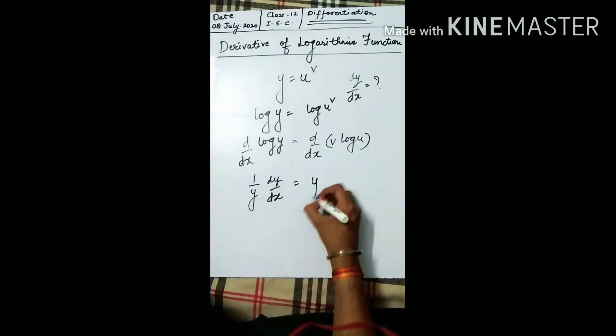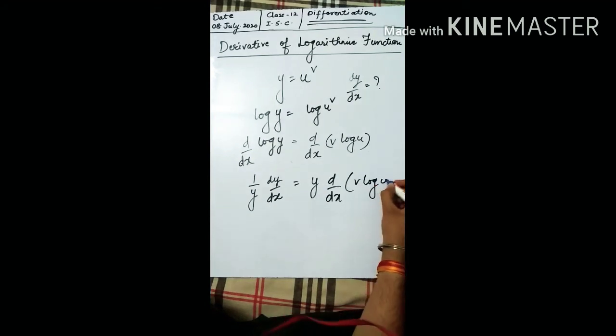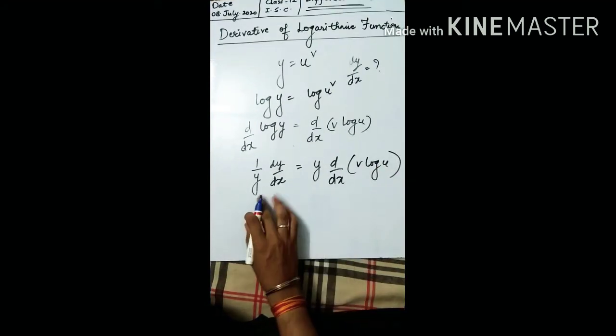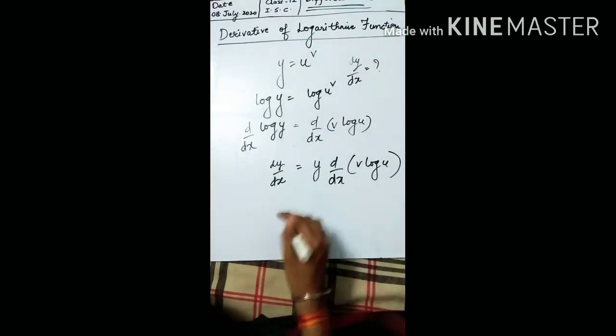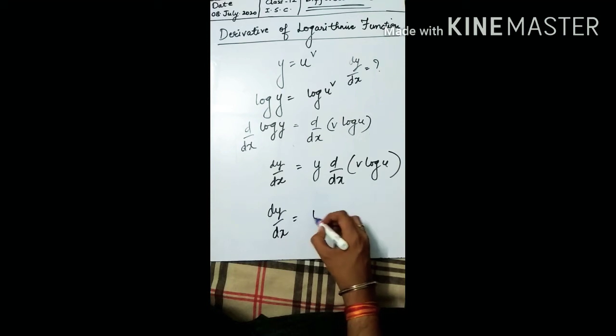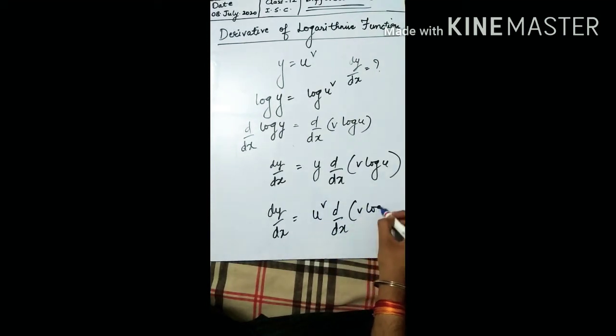Take y to this side, so it will be y times d/dx of v log u, and what is the value of y? It is u to the power v. So dy/dx is equal to u to the power v times d/dx of v log u.